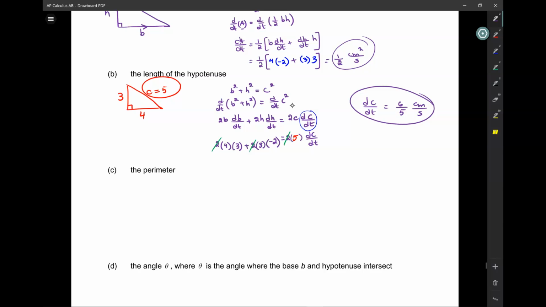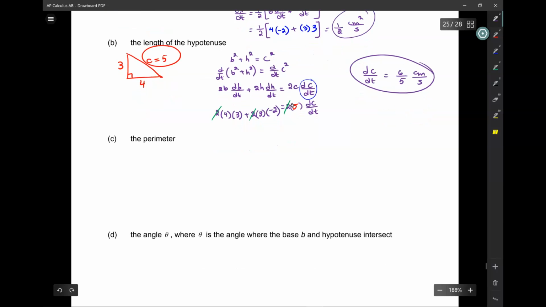Okay, so now how about the perimeter? If I want the perimeter, I need to write a function for the perimeter. So the perimeter of the triangle is a plus b plus c. So P equals a plus b plus c.